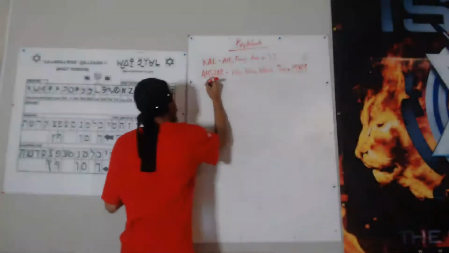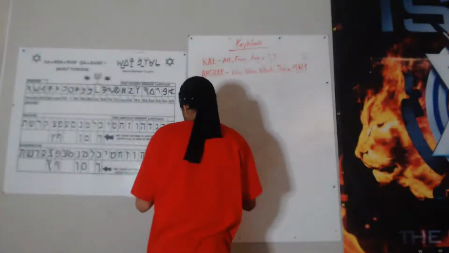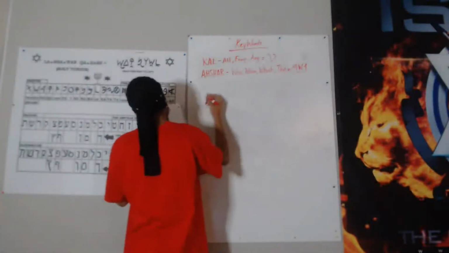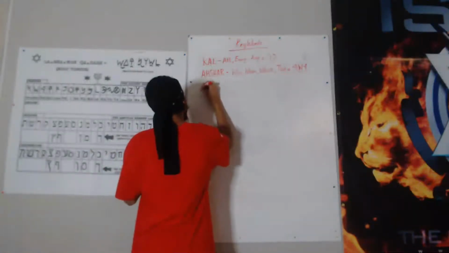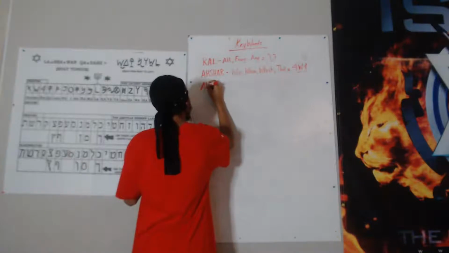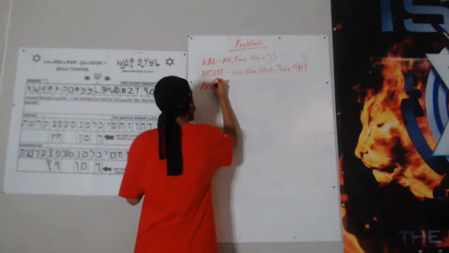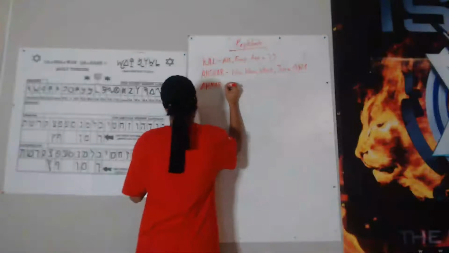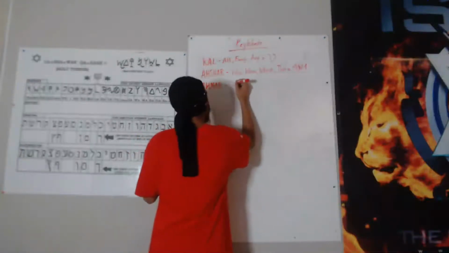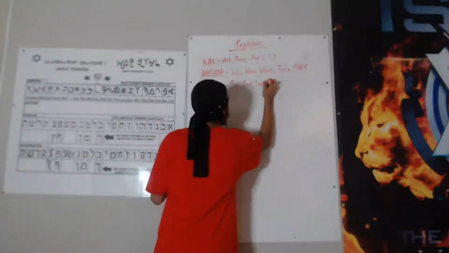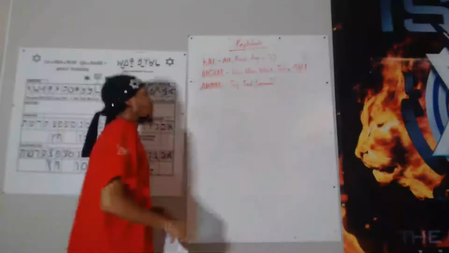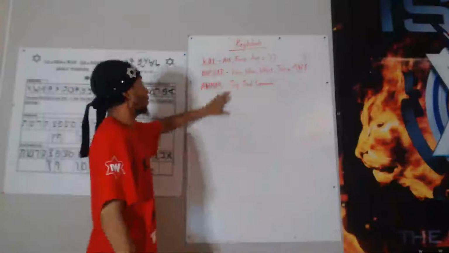Next one is going to be similar. This is also something that we went over as well. Amar. Amar in this sense is going to be say, unless you're speaking, all right?